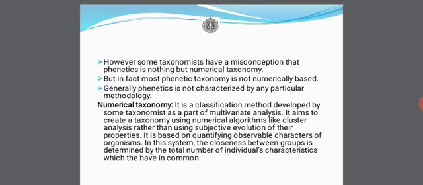It is a classification method developed by some taxonomists, but not all, as a part of multivariate analysis. It aims to create a taxonomy using numerical algorithms like cluster analysis rather than using subjective evaluation of their properties. It is based on quantifying observable characters of organisms, so only quantifiable observable characters.